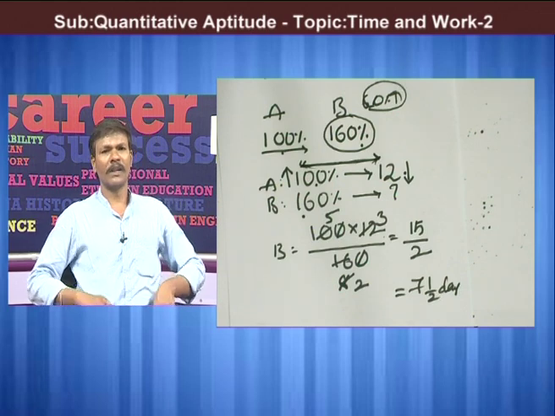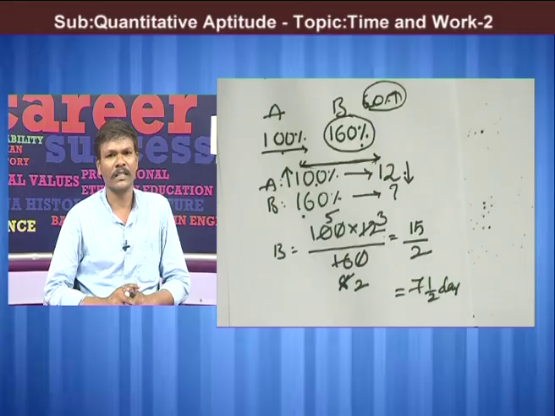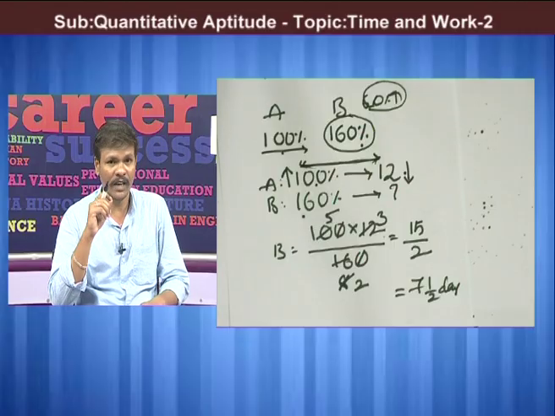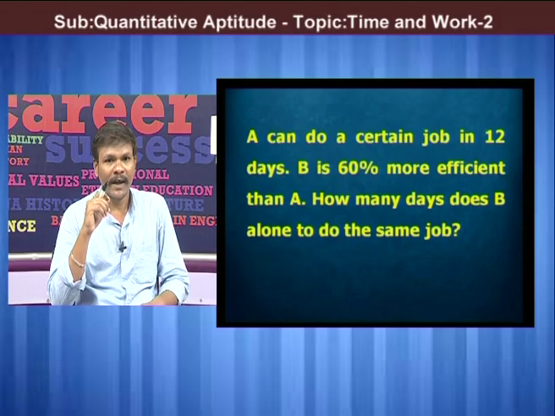Remember, once again I am saying, this is a very important thing. The capacity and working days are inversely proportional. In inverse proportion, the same values of capacity and working days should be multiplied. A's capacity and A's working days are multiplied. B's capacity and B's working days are multiplied. That is very simple.